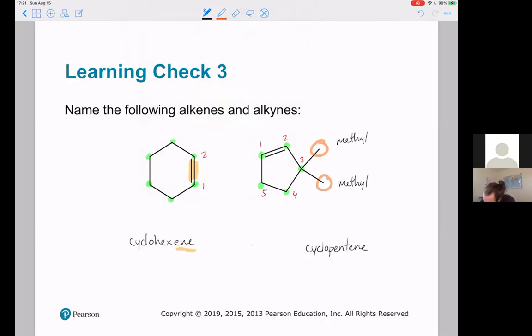So this would be 3,3-dimethylcyclopentene. It's a very common mistake for students to just say 3-dimethylcyclopentene. Well, it could be 3,4, it could be 3,5, it could be 3,3. Those are all different dimethylcyclopentenes. So you have to include the location of both methyl groups. Okay.